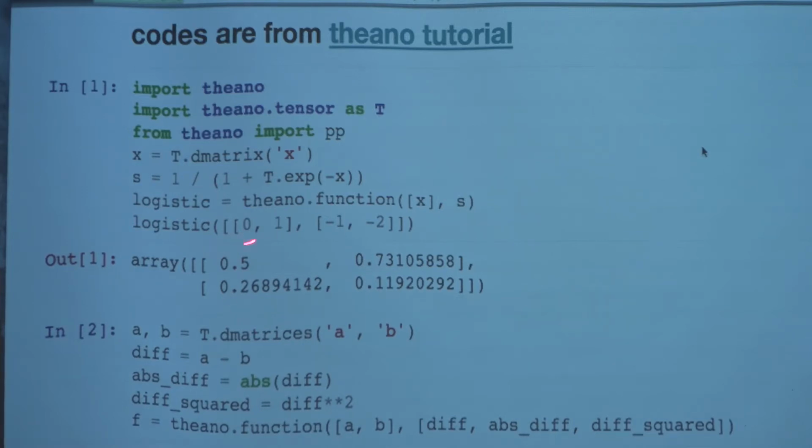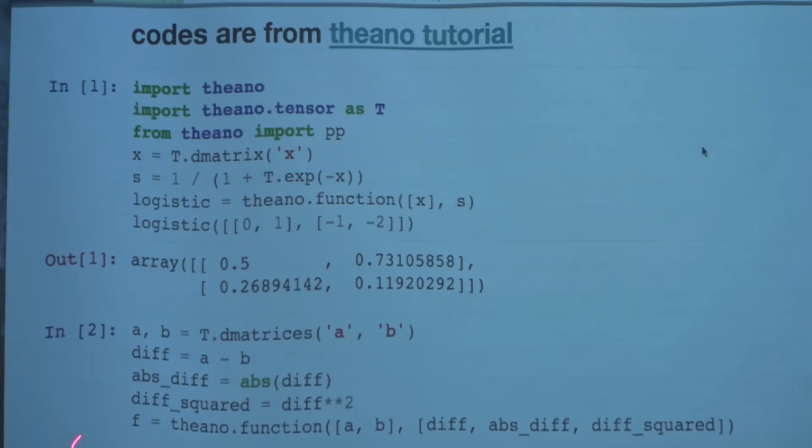And this function takes an input, and it transfers the input to X. It just considers the input as the value of X, and based on that, computes the output S, and returns the value of S based on the formula. So you can see when you input a matrix, that's what you expect to get. It's just the element-wise logistic function.